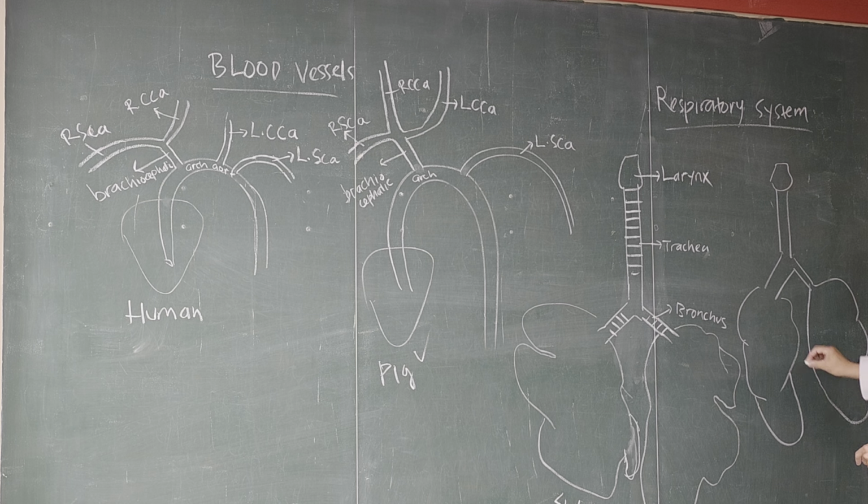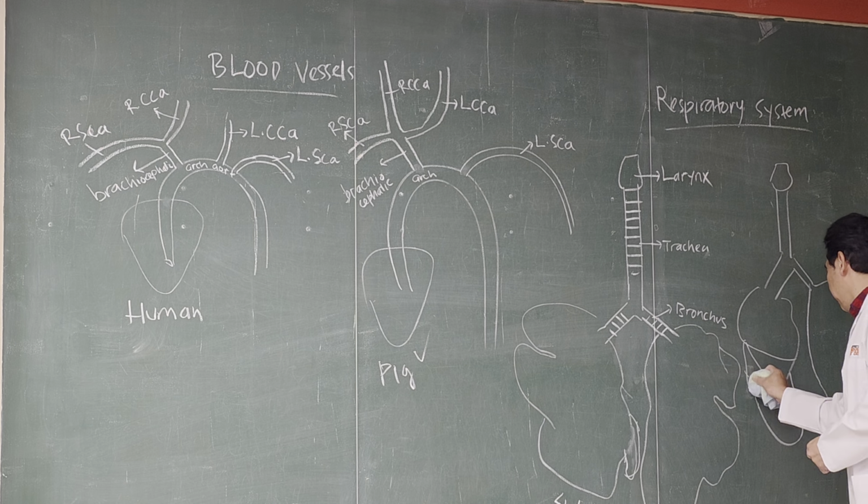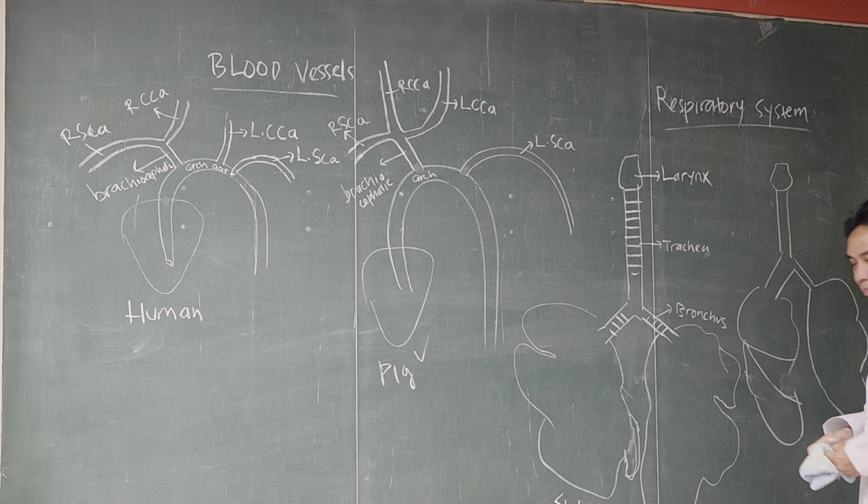Okay, you're gonna have 3 on the right, and you're gonna have 2 on the left. 3 lobes, 2 lobes.